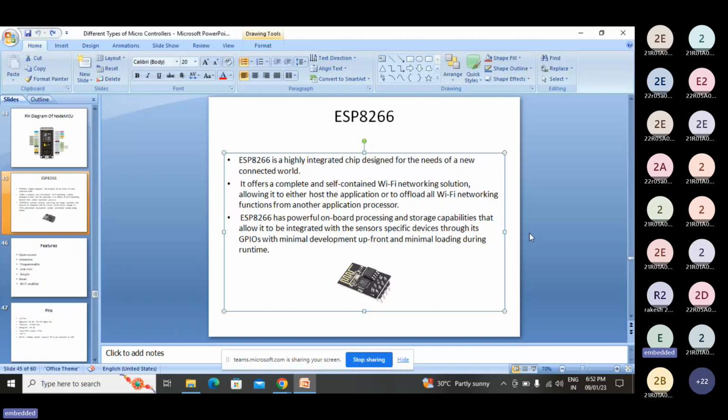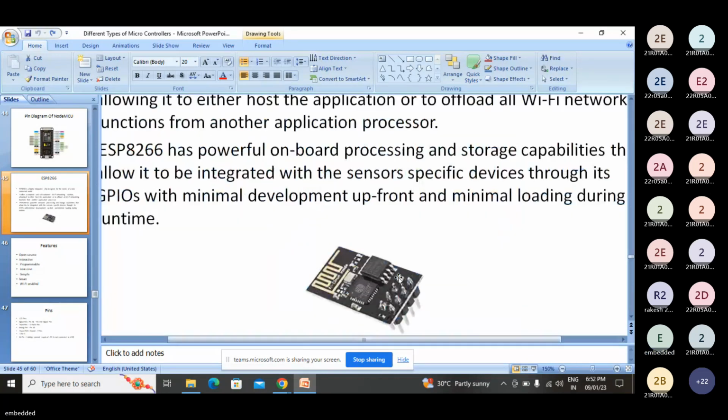ESP8266 has powerful onboard processing and storage capabilities that allow it to be integrated with sensors and application-specific devices through its GPIOs with minimum upfront development and minimum loading during runtime. So this is how an ESP8266 processor looks.